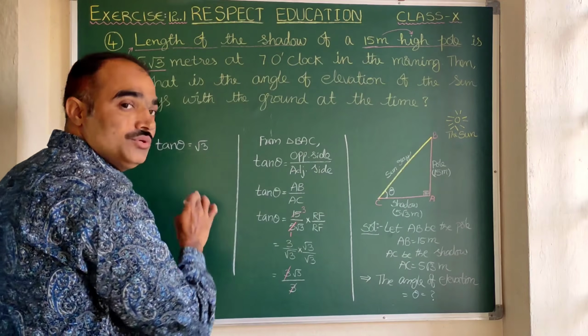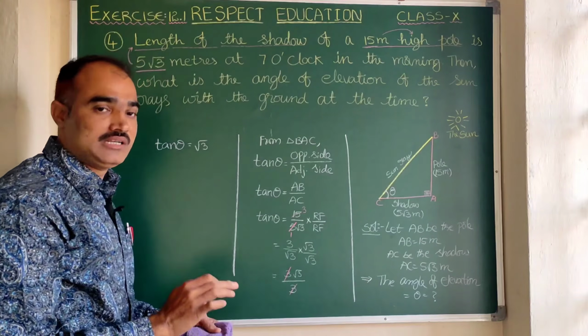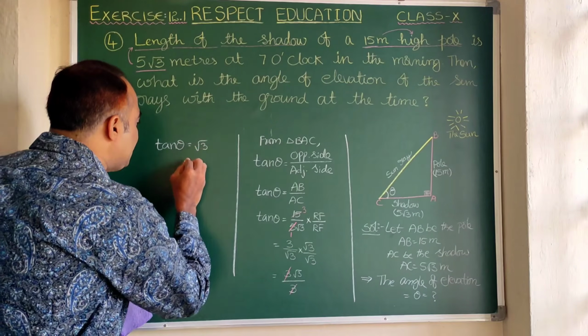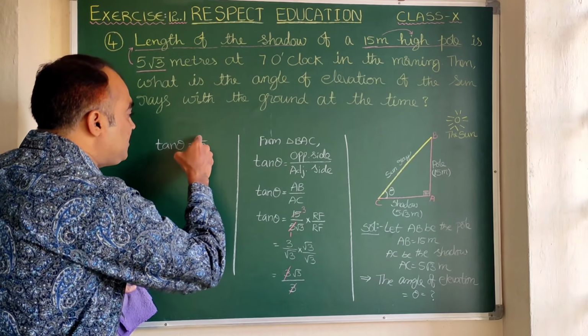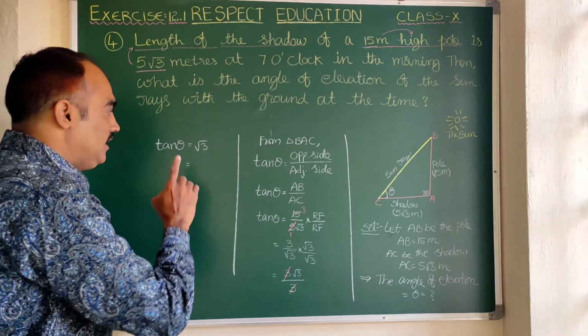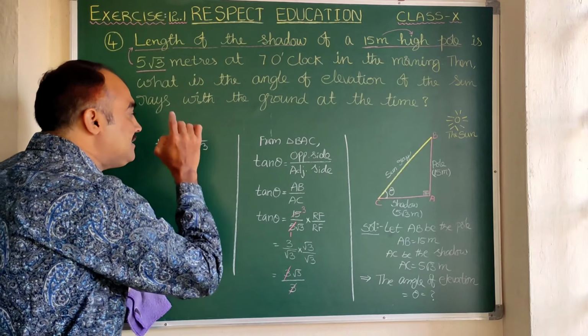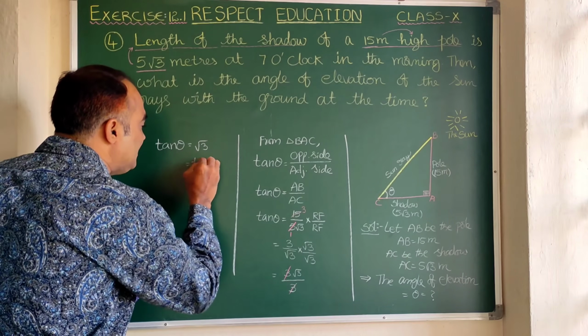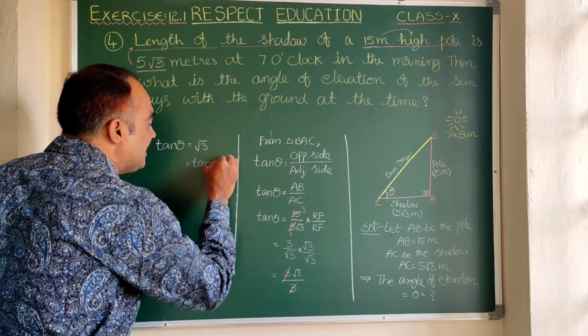Here you should not leave the answer like this because our target is to find theta. Clear? You just think of this, which tan value is root 3. If you understand clearly, tan 60 is root 3. So here root 3 can be written as tan 60 degrees.